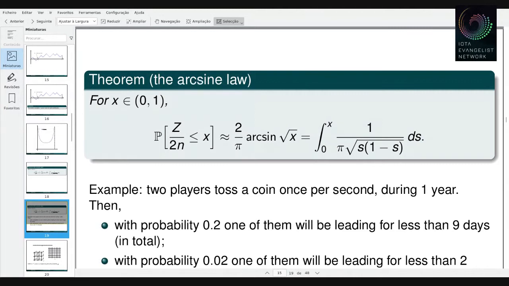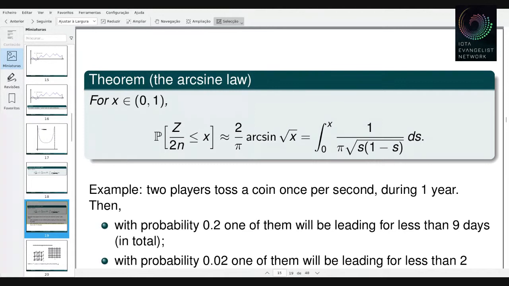So this is a lot of time. You have a lot of seconds in a year. However, it turns out that with probability 20%, which is not at all small, one of them will be leading for less than 9 days. And the whole other time, the other one will be leading.